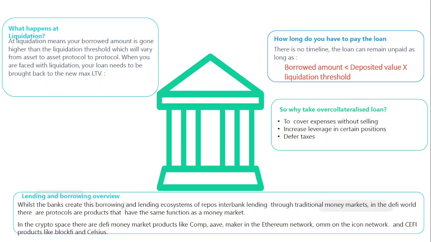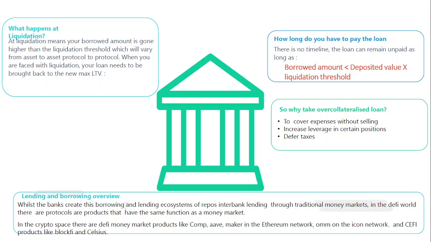So what happens in terms of liquidation? At liquidation, your borrowed amount has gone higher than the liquidation threshold, which, as I said, will vary from asset to asset. When you're faced with liquidation, your loan needs to be brought back to the new maximum loan-to-value ratio.